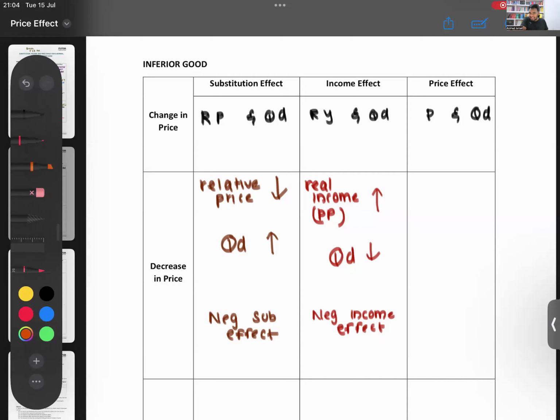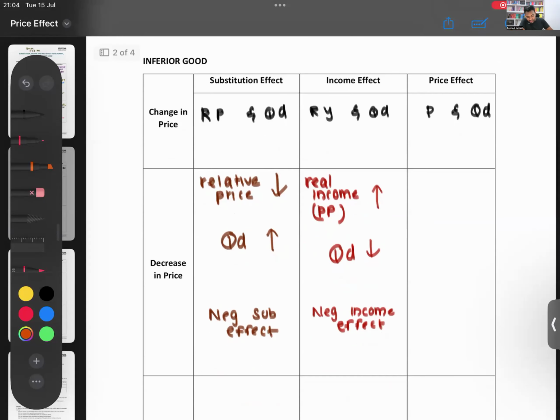Now, look at this. The price effect is the combination of these two. Listen carefully. The substitution effect is saying when the price decreases, QD will increase. That's what the substitution effect is saying. QD will go up.